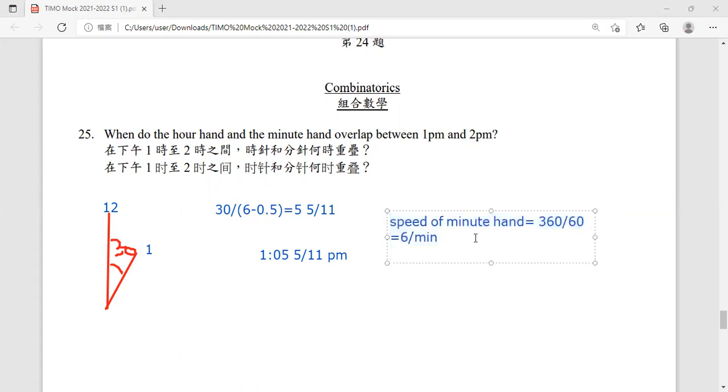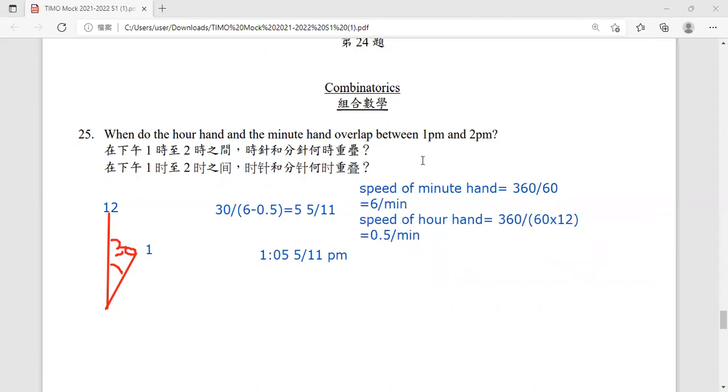If you have some difficulties, I will give you the data here. Any questions?